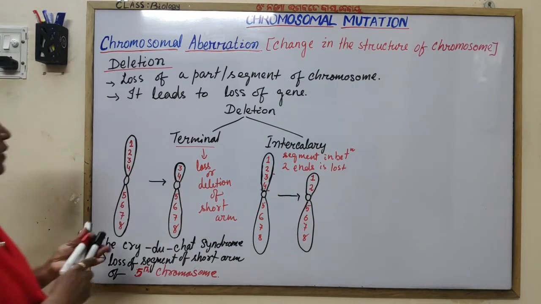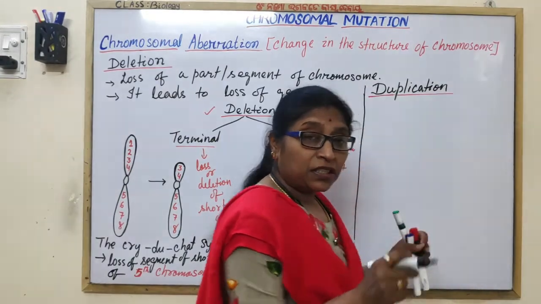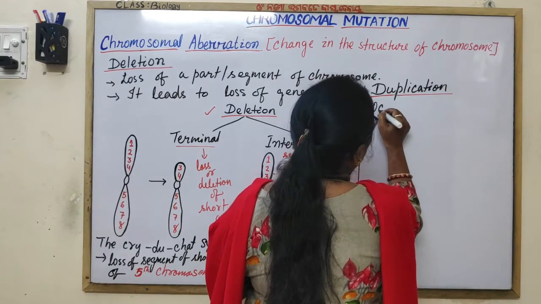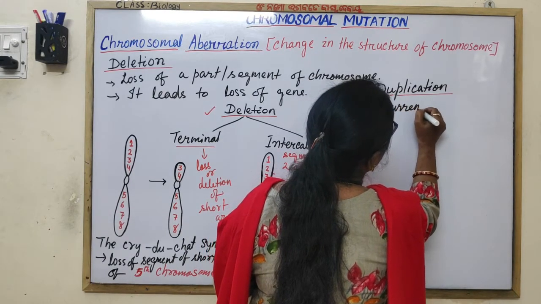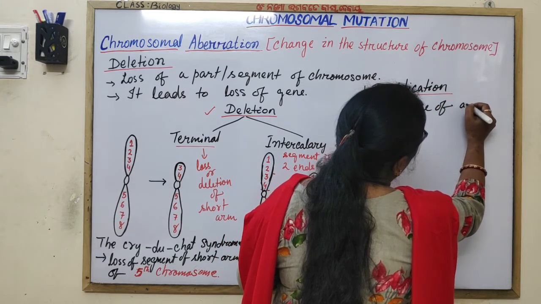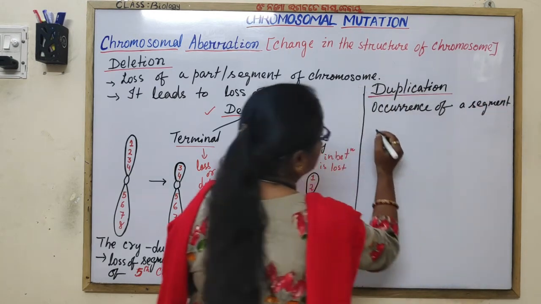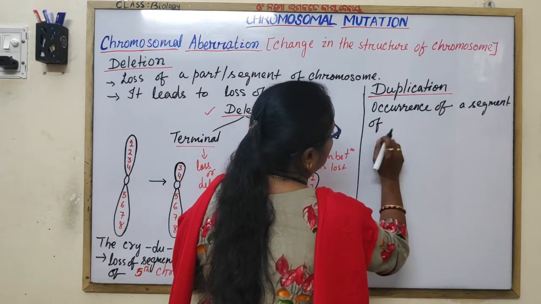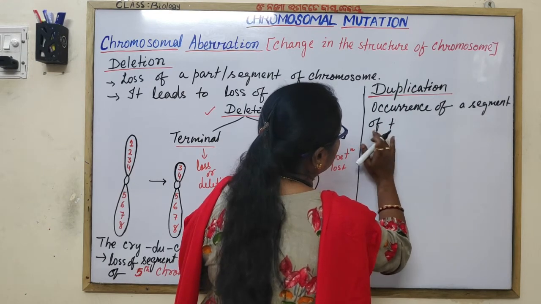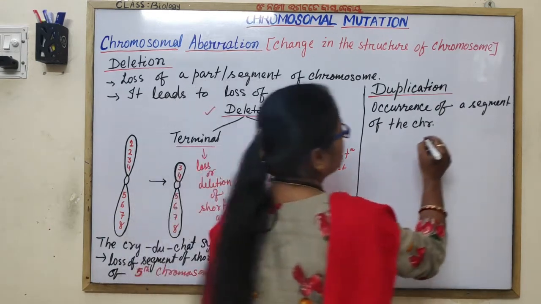Now let us discuss the duplication. Duplication means the duplication of the segment of chromosome. That means occurrence of a segment of the chromosome twice.